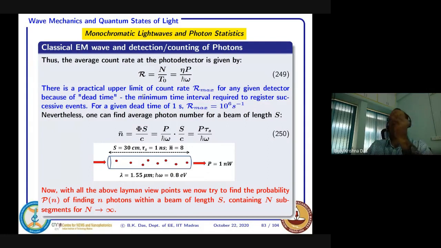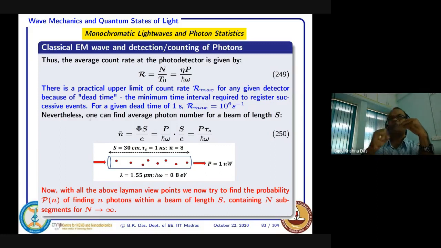That particular photon may not register an electron-hole pair. Even if it is generated, your measurement system may not be able to register it, because any photodetector will have some specific term called dead time. That is actually called dead time.